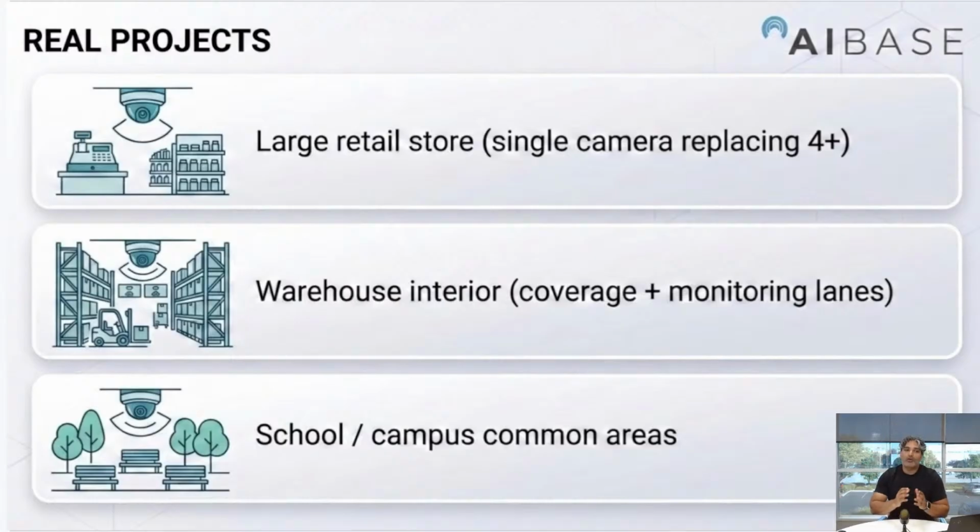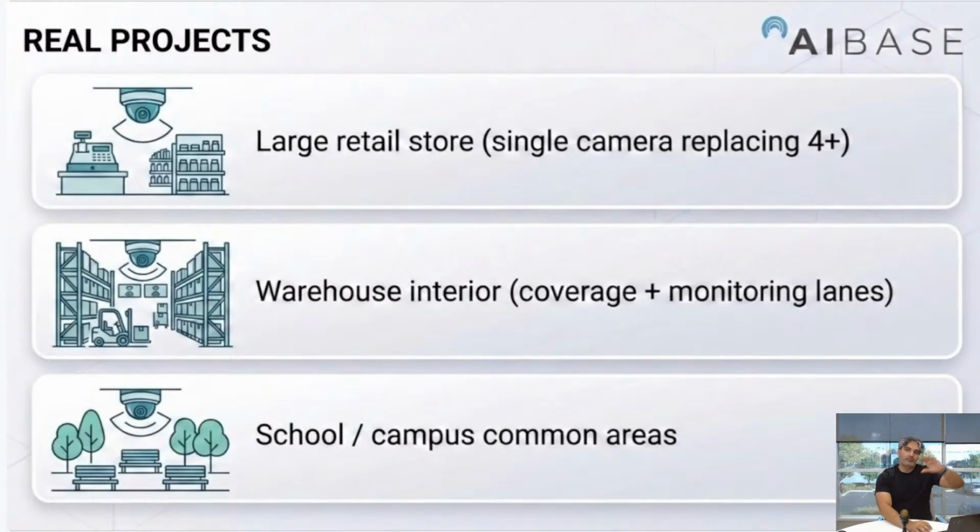Okay, so our installer partner replaced several of those with one multi-directional camera mounted right in the center of the space. So what that did was it enabled each lens to be dedicated to different parts of the store, overall giving them a full 360-degree view simultaneously all the time.